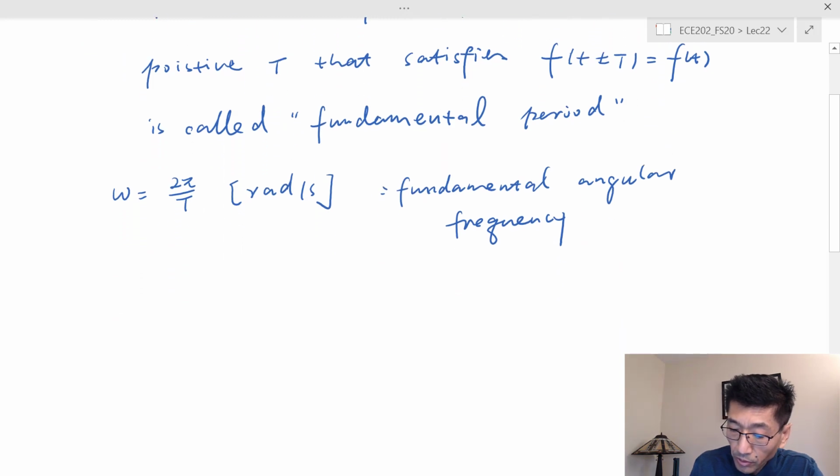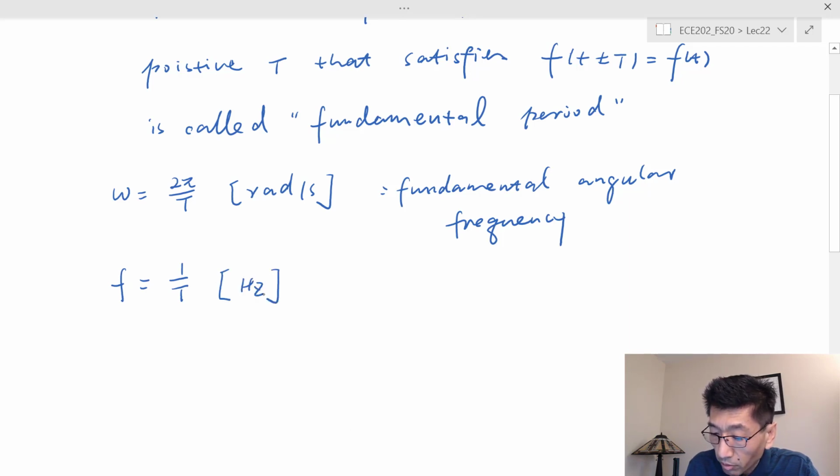And if you use hertz, f is going to be 1 over T. These are a few things we should be very clear about. Hertz is 1 over second, and this is the fundamental frequency.